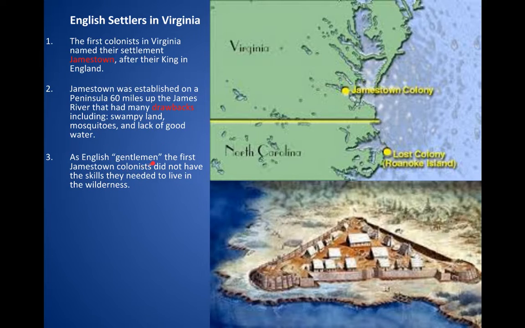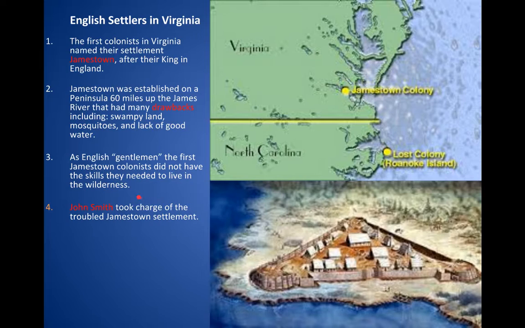But what they didn't realize is that they were going to have to do some hard work. To live in the wilderness, they were going to have to build shelters. They had to build this fort. They had to farm the land. So it was hard work. So Jamestown got off to kind of a bad start because these gentlemen, these rich guys from England, didn't know how to live in the wilderness.